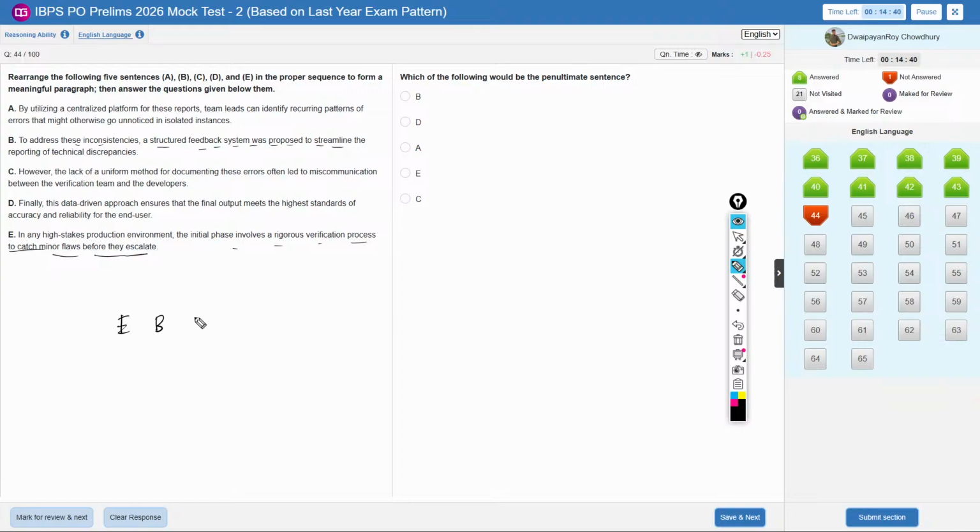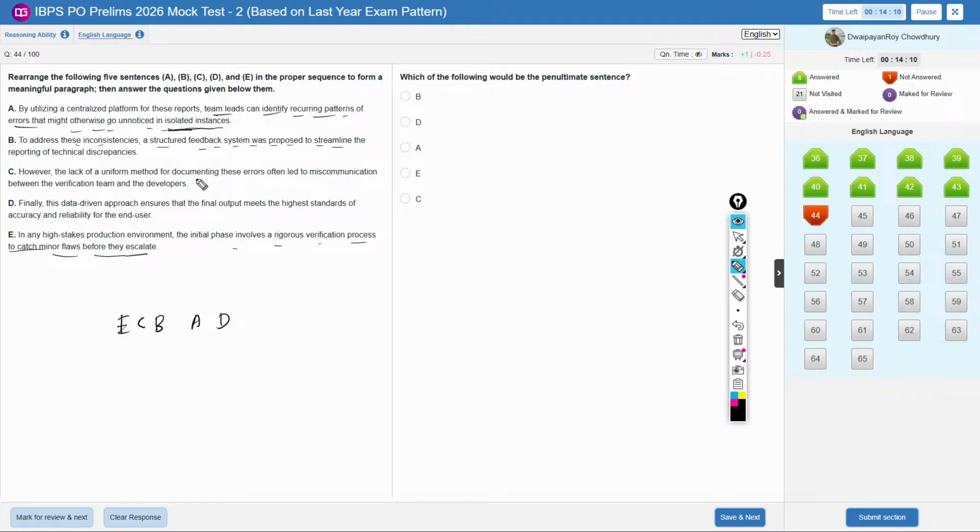By utilizing a central platform for these reports, team leads can identify recurring patterns of error that might otherwise go unnoticed in isolated instances. However, the lack of a uniform method for documenting these errors often leads to miscommunication between verification teams. So this is supposed to come earlier. Finally, approach high standard user.